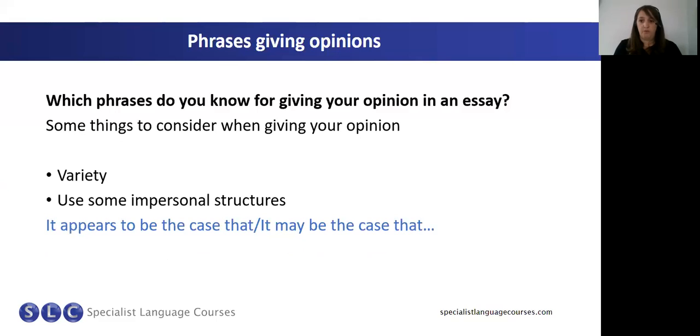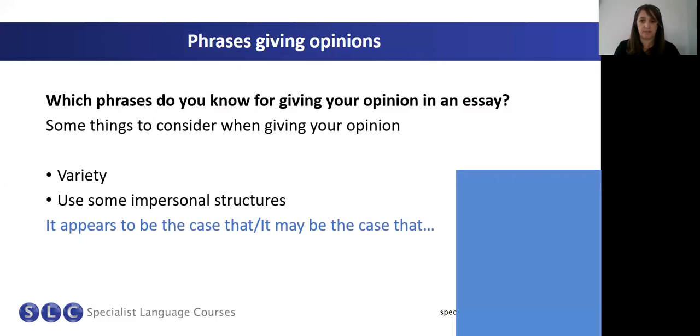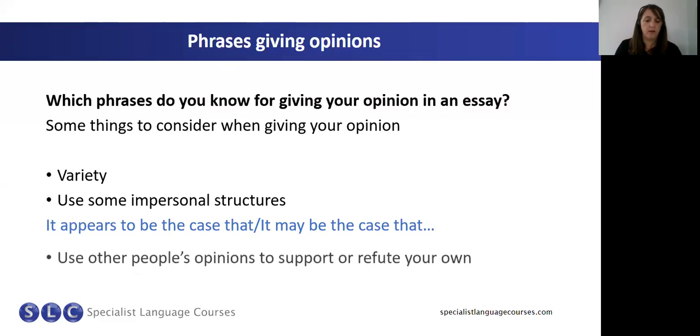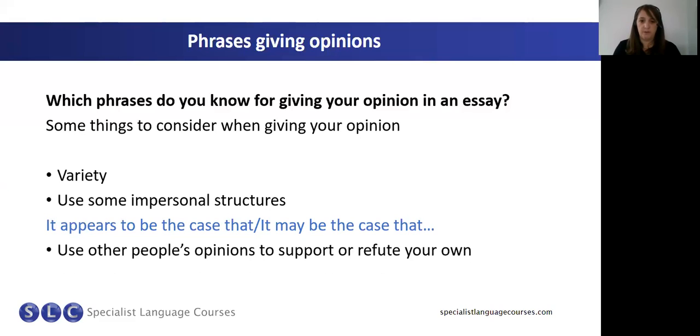Also, you can, as an example, say it appears to be the case that, or it may be the case that. So this is giving an opinion, but in a slightly more impersonal way. You can also use other people's opinions to support or refute your own opinion.